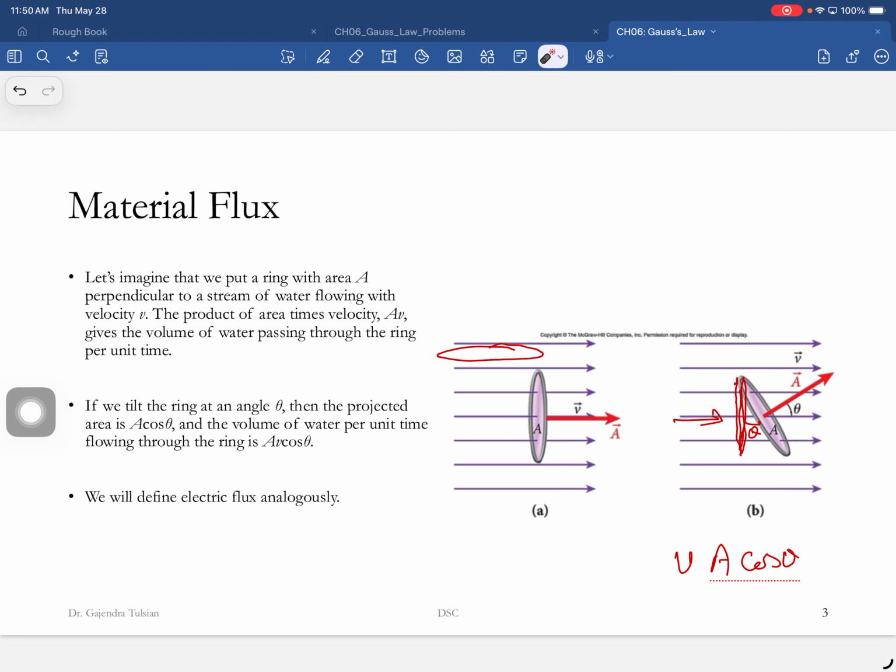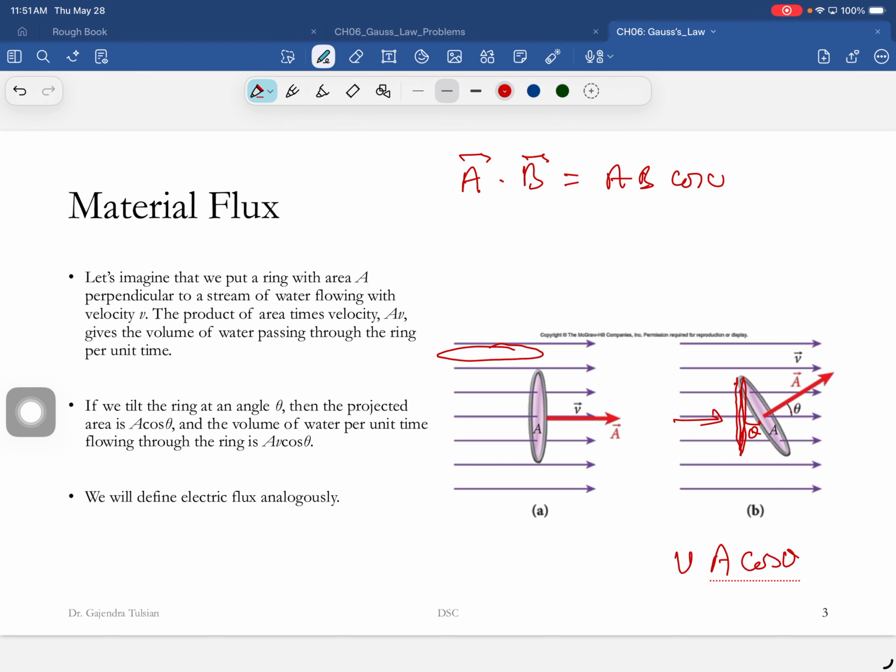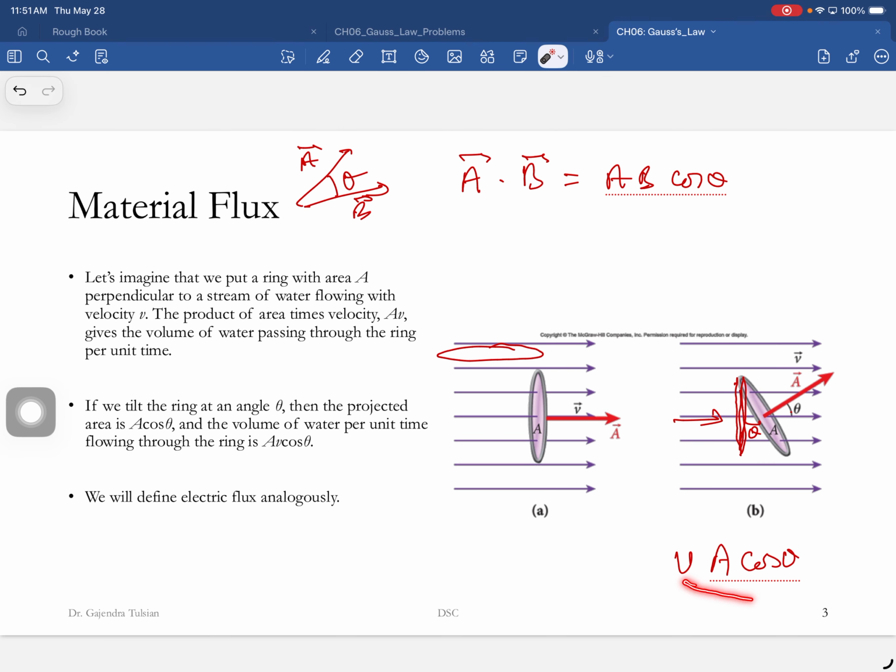I know this is a long story, but what is the point of this? What is it that we're trying to do? We are learning a technique to allow us to calculate electric fields for symmetric charge distributions. So we want to be able to calculate the electric field for certain charge distributions.